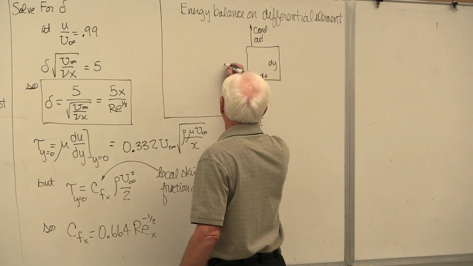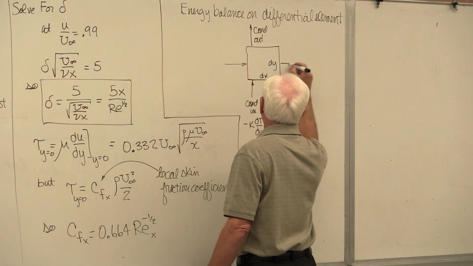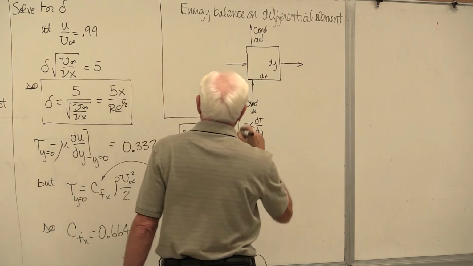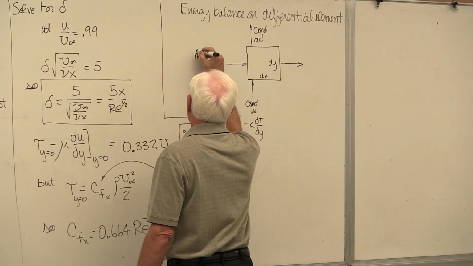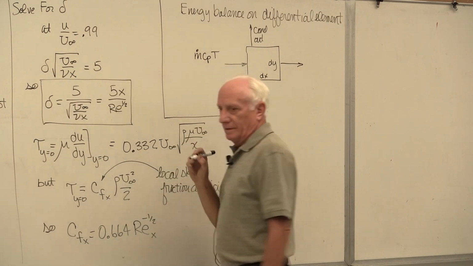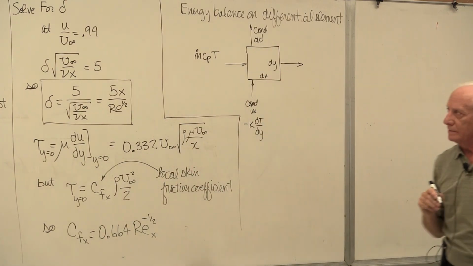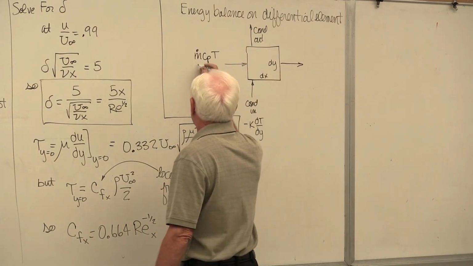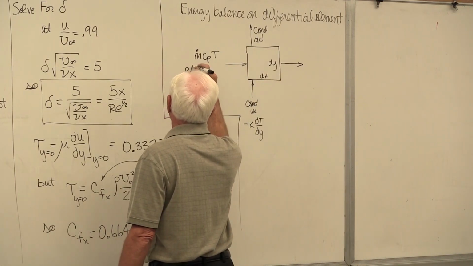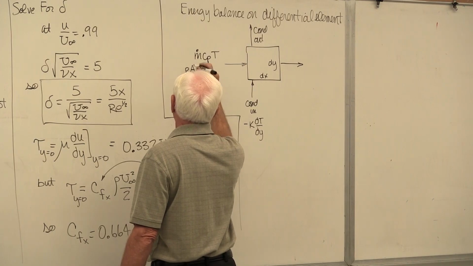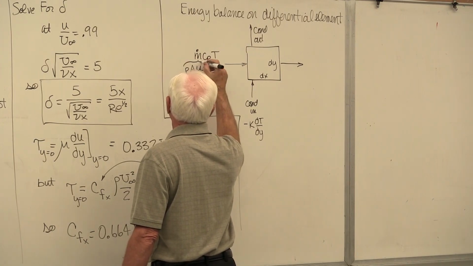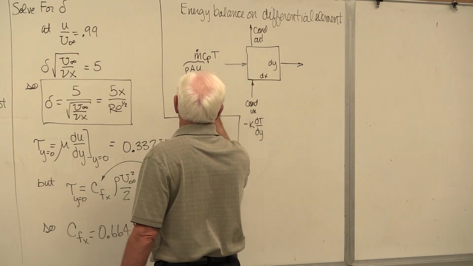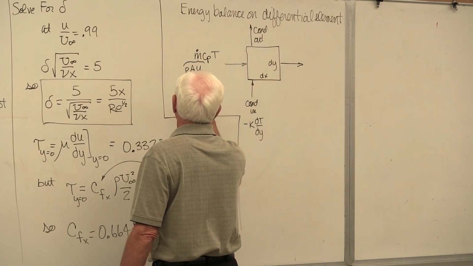But we do have some energy being brought in by incoming fluid in our little differential control volume. That energy is m dot C sub p T. M dot is rho A V. Velocity is u. The area is the vertical dy times 1.